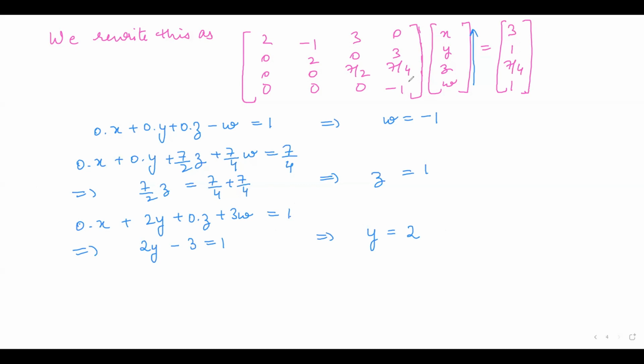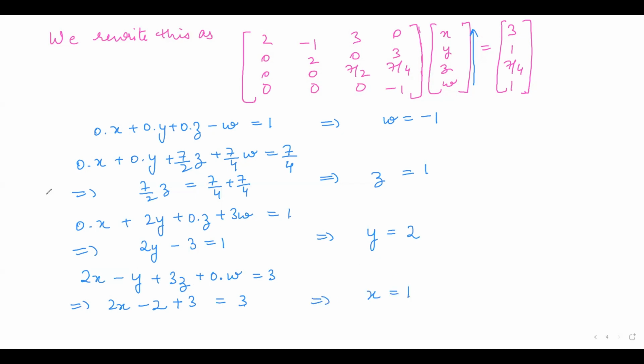Lastly, the fourth equation, 2x minus y plus 3z plus 0w is equal to 3. So 2x minus 2 plus 3 is equal to 3. So this becomes 1. So 3 minus 1 is 2. So x is coming out to be 2 upon 2, that is 1.